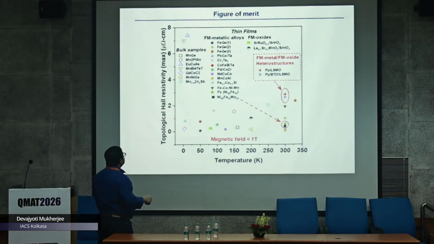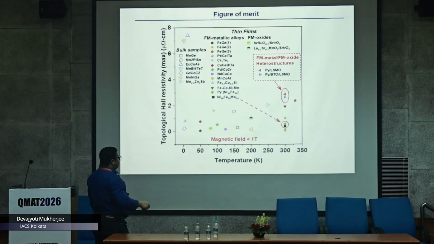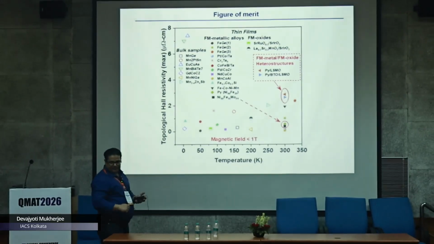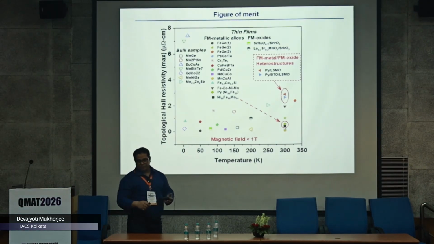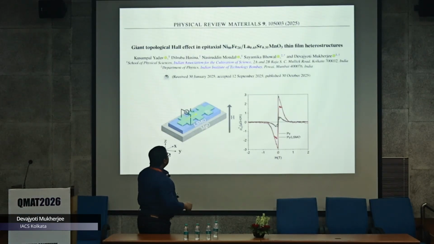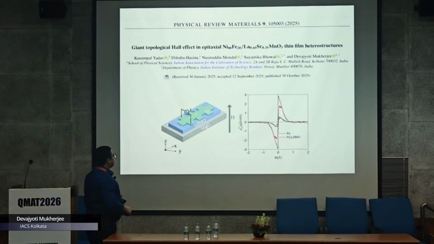What we observe is that some of the oxides have given very huge numbers, but most of these values are at low temperature. Considering that, we reported numbers around room temperature but with considerably high values. So the details of the work are in this PRM paper.